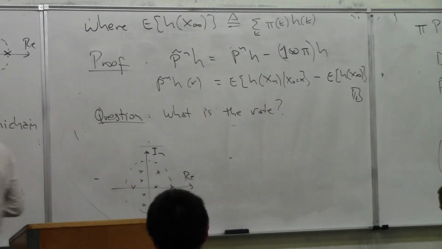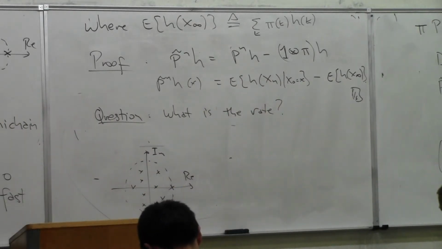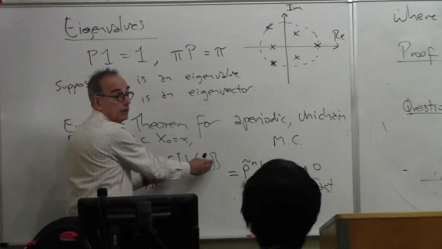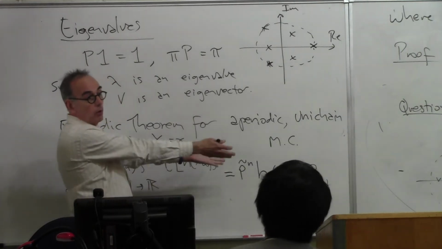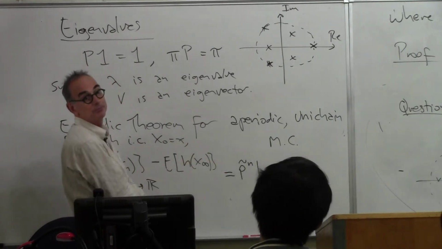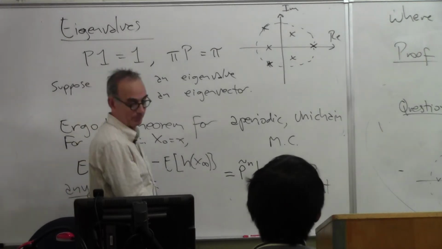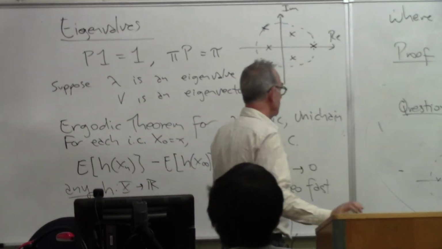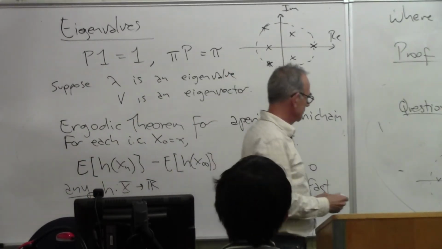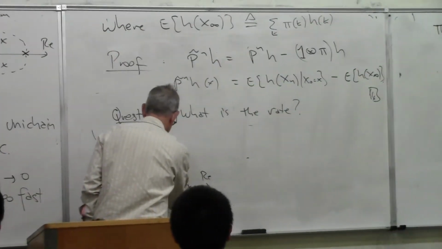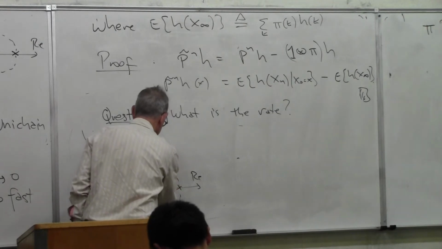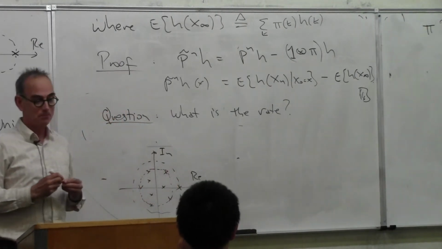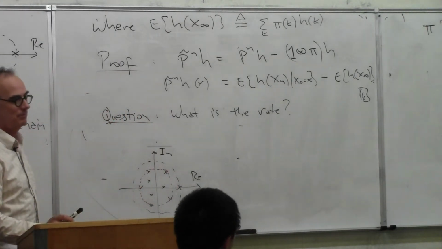So we've got this ergodic theorem. The expectation at time n minus the steady state expectation goes to 0 geometrically fast. What's the rate? If you're a CS person, you would answer instantly. Well, there are no e's. It's all discrete time. Yeah.